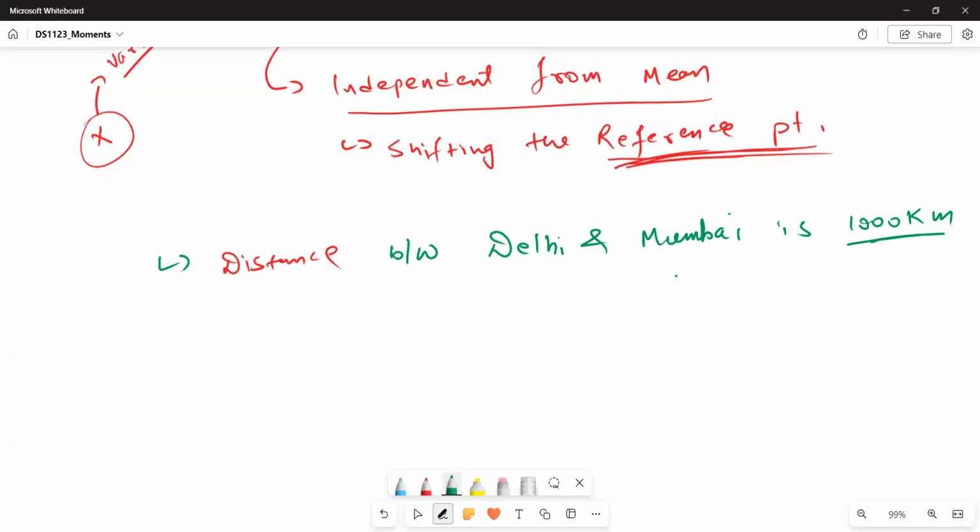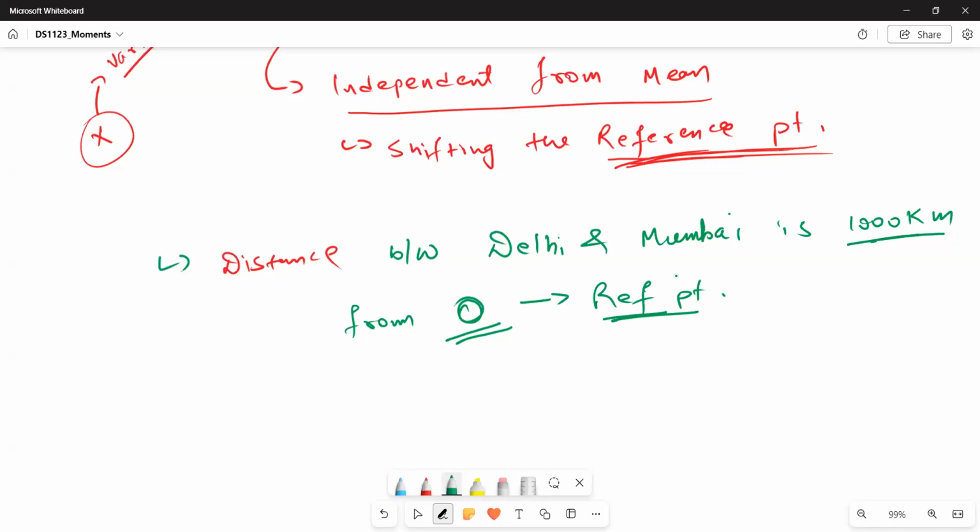If I tell you this statement, from which number are you going to start your calculations, let's say if you're going via road? You're going to start your calculation from zero. And this zero is the reference point here, because you're taking this point as reference and then calculating your distance. Same is done in statistics.